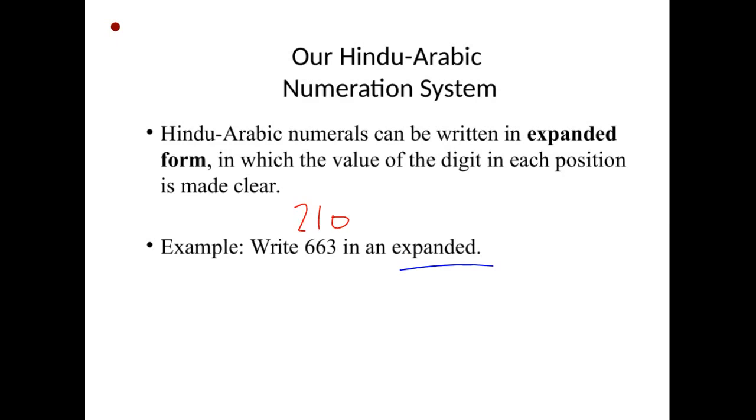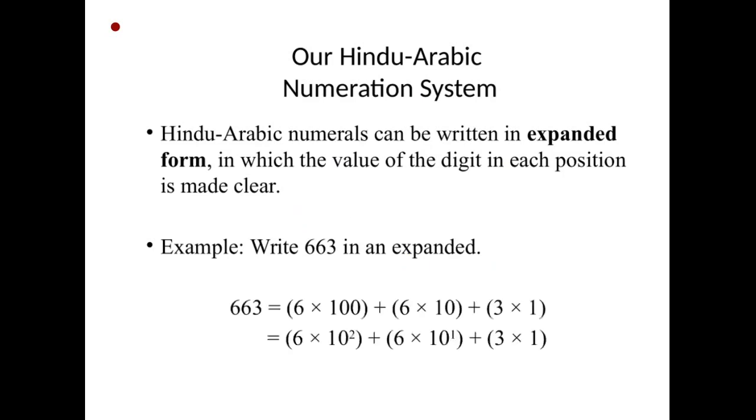So what those indices are going to tell us as we switch over to expanded form are the exponent that we will place on the base and then multiply by those digits. So for this particular number, we said 0th index for 3, first for this 6, second index place for this 6.